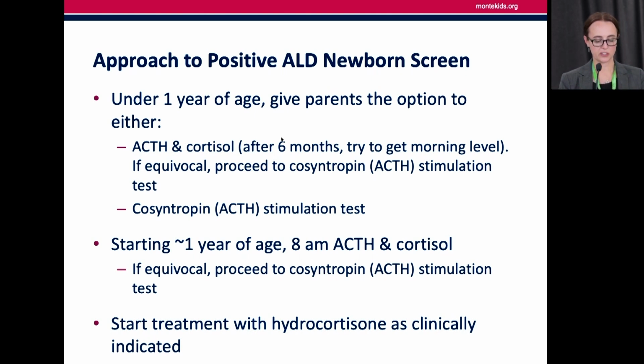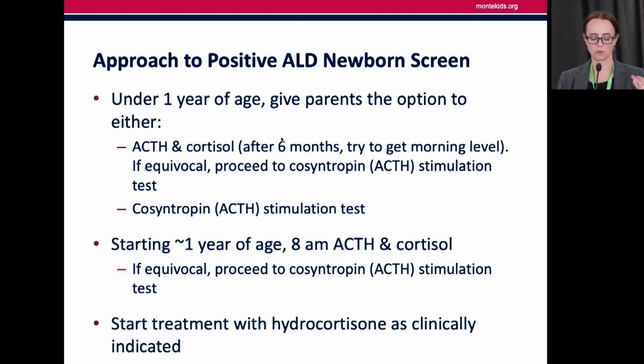So under the age of 1, because there's a lack of predictability, the algorithm that we wrote had a lot of options for doing stimulation testing, which can be a lot of work for the endocrinologist, but more importantly, it's a lot of stress on families, having to do stimulation testing and come back for multiple blood draws.